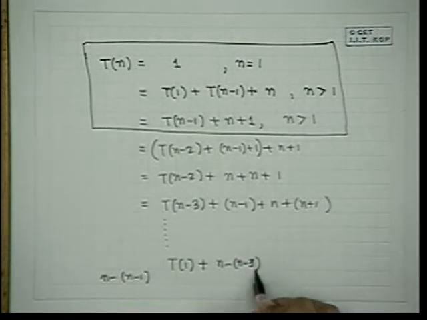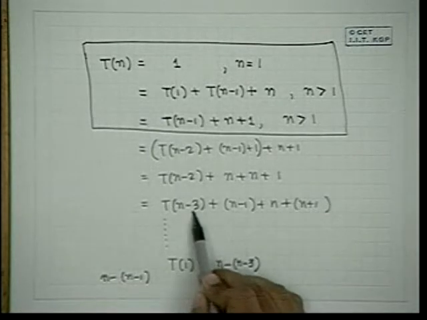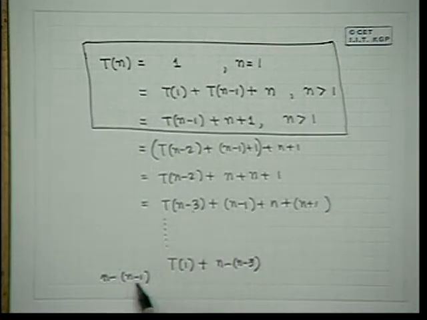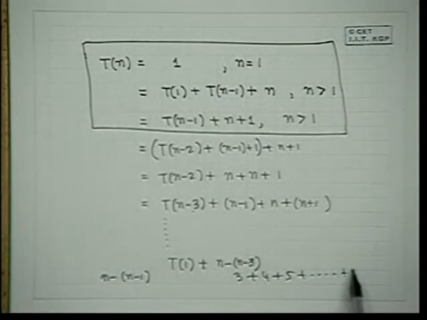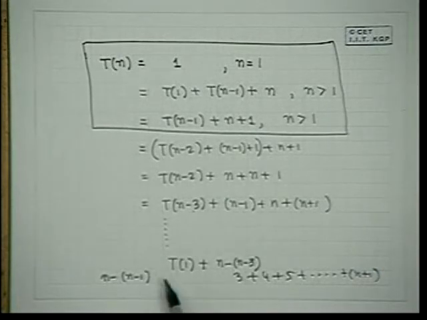If this is 3, this is 1. So if this is n minus 1, this is n minus 3, which is the same as 3. 3 plus 4 plus 5 plus n plus 1. So this will be T1 plus 3 plus 4 plus 5 or something like this, isn't it?